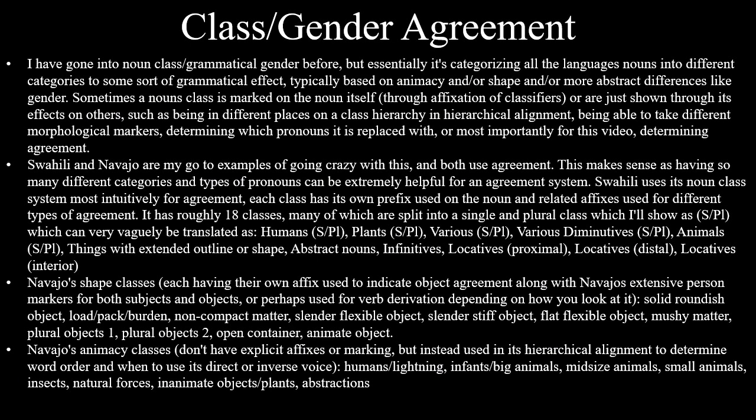For example, there are sometimes said to be 11 different Navajo words for "to give," based on these 11 classes. Meanwhile, it also has an 8-way distinction in animacy, which does not have any sort of corresponding affixes, instead determining word order as per Navajo's hierarchical alignment, which I go into in my morphosyntactic alignment video.